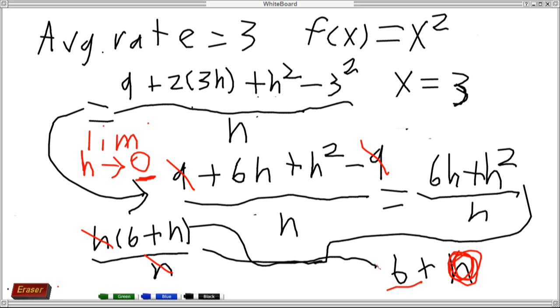That means our instantaneous rate of change is 6. So if you compare this 6 to your 3, that's twice the difference, 2 times your average rate of change.